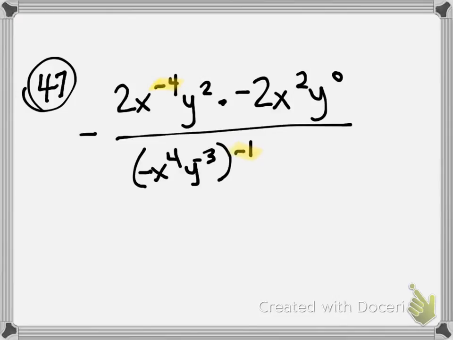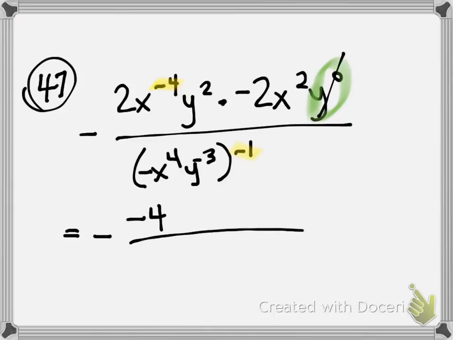For one thing, this y to the 0 power, this piece right here, what is that going to turn into? And I hope you said 1. Since the entire top is just multiplication, there's no adding or subtracting, that 1 is meaningless. Now what's 2 times negative 2? That's a negative 4, and I'm just going to carry that negative out front along with me for a minute.